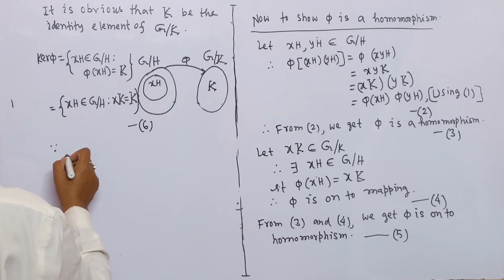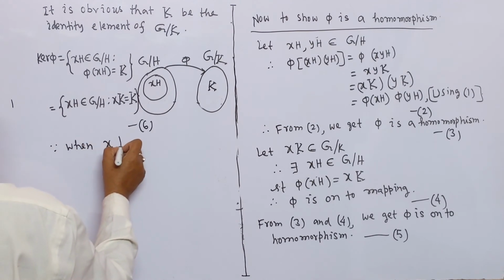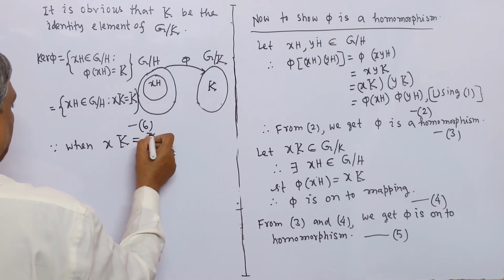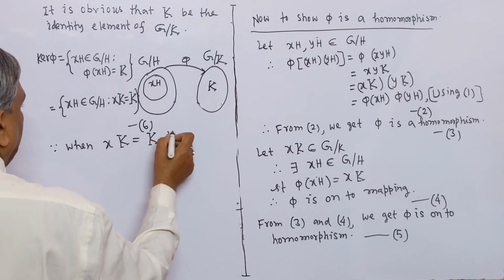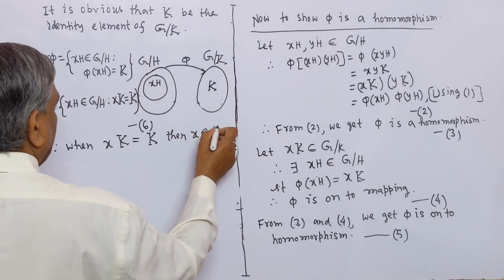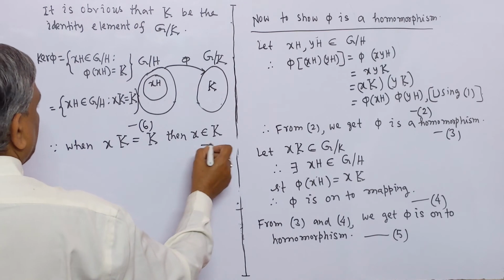Since when xK equal to K, then x belongs to K. This is number 7.